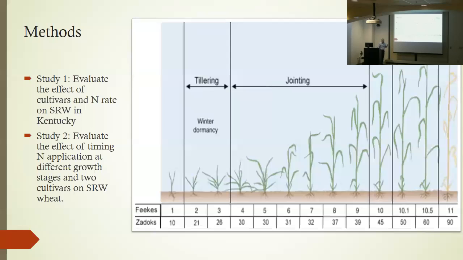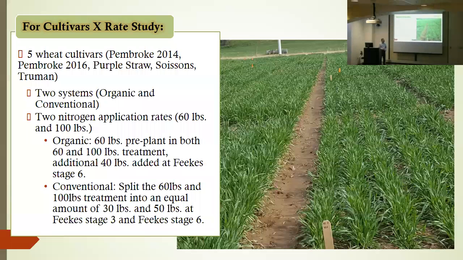The first study was to evaluate the effect of nitrogen rate and different cultivars on soft red winter wheat in Kentucky. And the other study is to evaluate the effect of nitrogen timing application at different growth stages with two cultivars on soft red winter wheat in Kentucky.